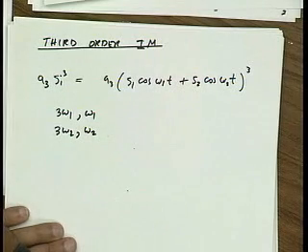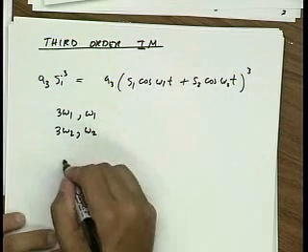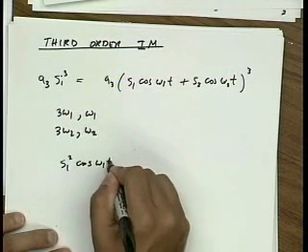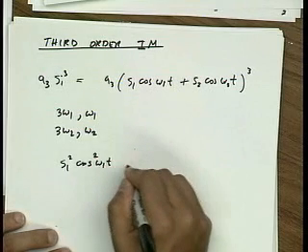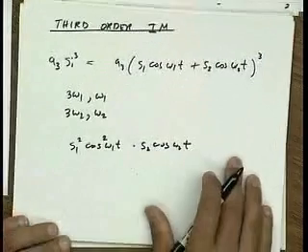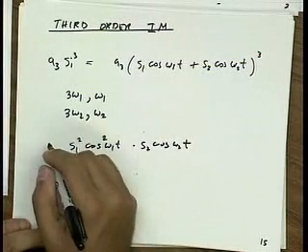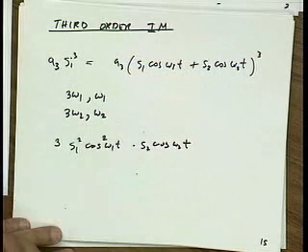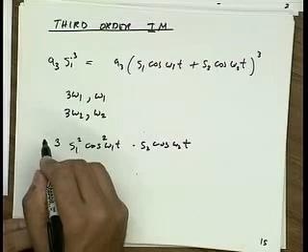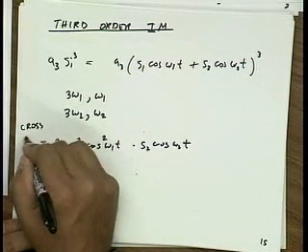What about the cross terms? Well, one cross term is this squared times this. So we get S1 squared cosine squared omega 1t times S2 cosine omega 2t. And the coefficient is 3. So if I now multiply this out, let me call this a cross term.